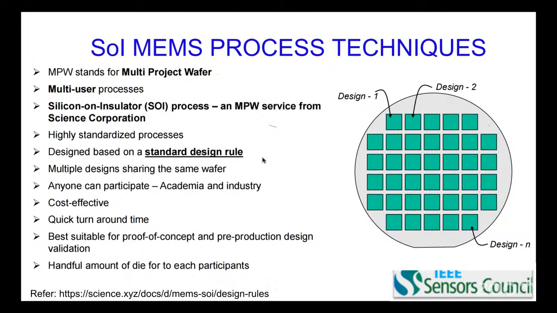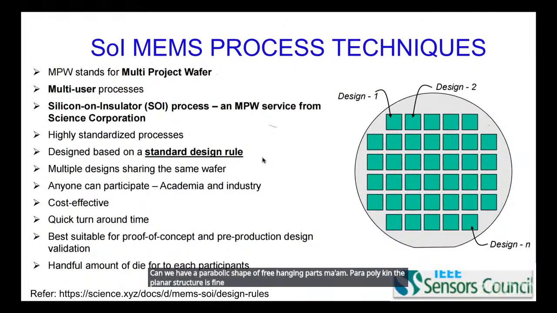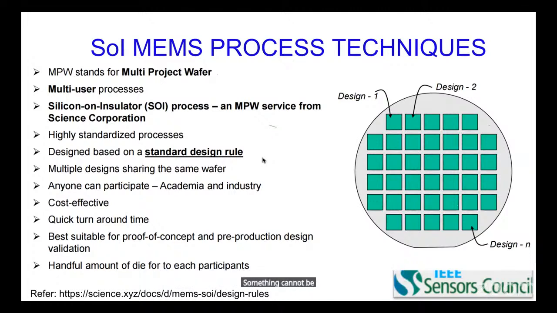Can we have a parabolic shape of free hanging parts, ma'am? Parabolic in the planar structure is fine. That is the horizontal direction. Something cannot be lifted upward vertically.